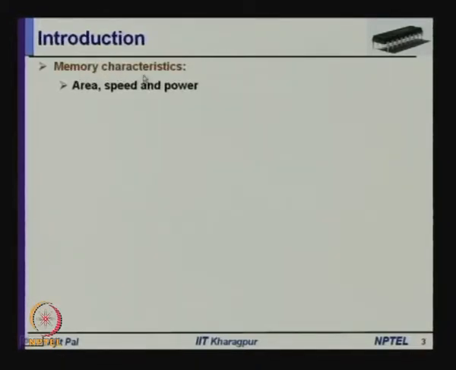How do you characterize a memory? It has been found that there are three important parameters which can be used to characterize a memory device: area, speed and power.